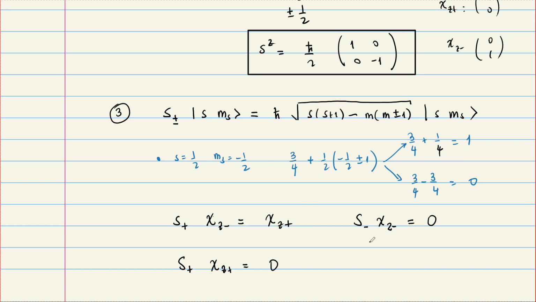I can do exactly the same thing, and S minus on chi z minus is going to be, what is it? If I go from z minus down spin, sorry, this is what? So this is plus, right? Plus minus. So this is z minus, z minus, z plus, z plus. Okay, what am I doing? This is plus. Okay, this is minus. This is what I'm trying to determine. Good. And this is chi z minus.